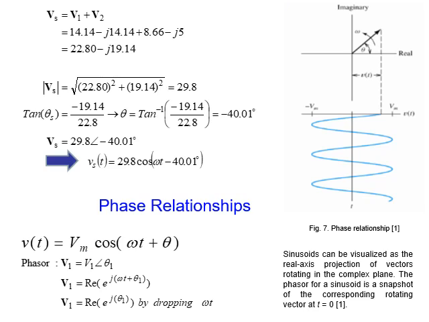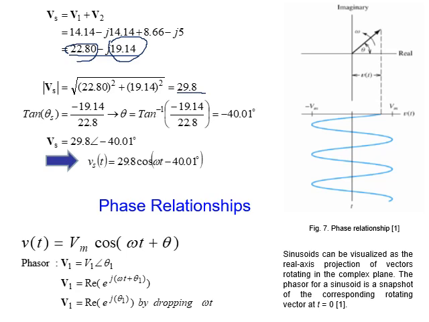If we want to add, to find the resultant voltage, then we will add real with real, imaginary with imaginary. We got Vs equal these values. Then next I will convert into polar. So then I will say square root of the real part square plus the imaginary part square. We got 29.8. What about the angle?